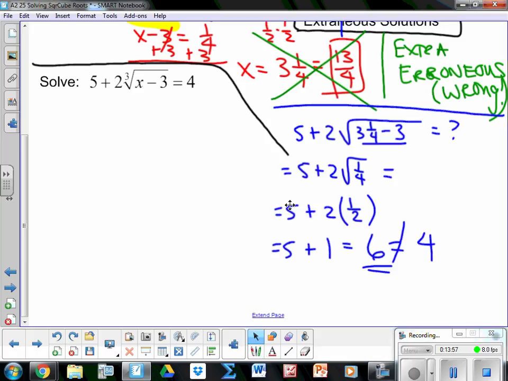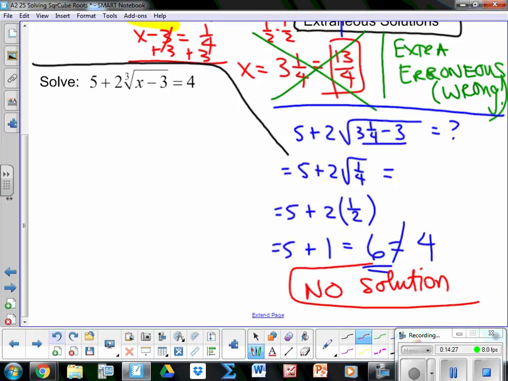If during this process this would have been a negative, then 5 minus 1 would have worked. And that's ultimately where this came from, because of the negative that happened when we were playing around with the solving. Okay, so what does that mean for us? The only solution we got wasn't a solution. So the answer for this particular one is really no solution.